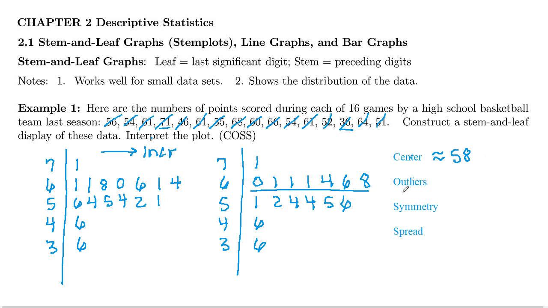Outliers here, I don't see any gaps in the data. That 36 could be a possible outlier because there is 10 units in between the 46 and the 56. So that could be a possibility.